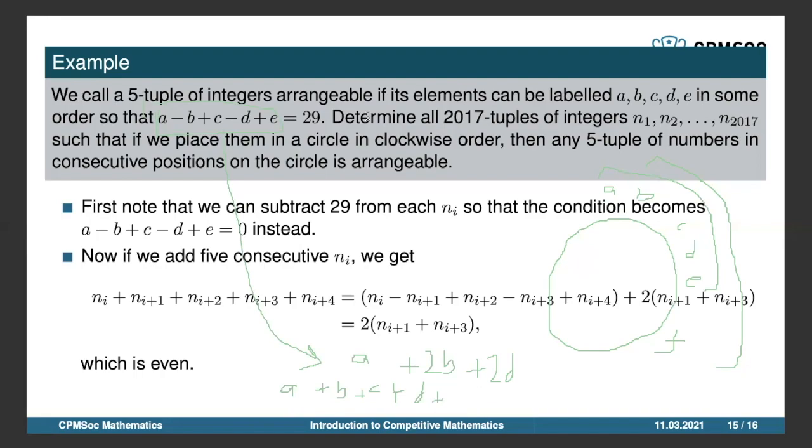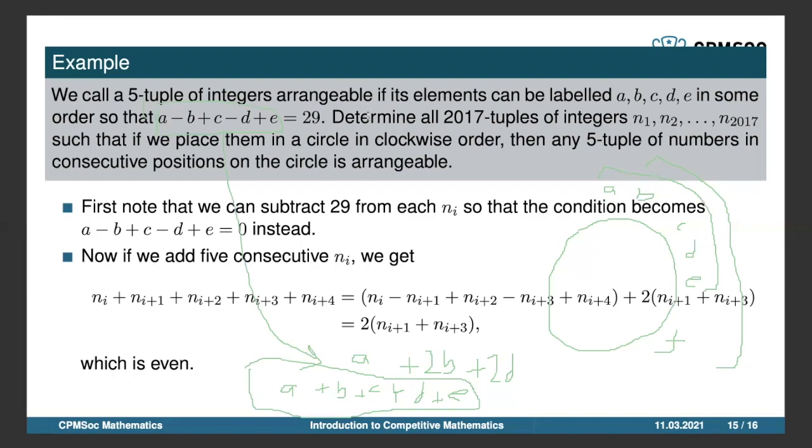So what it means is, no matter how we label the numbers a, b, c, d, and e, the remainder of this alternating sum and difference when you divide by 2 will always be the same as the remainder when you divide a plus b plus c plus d plus e by 2.